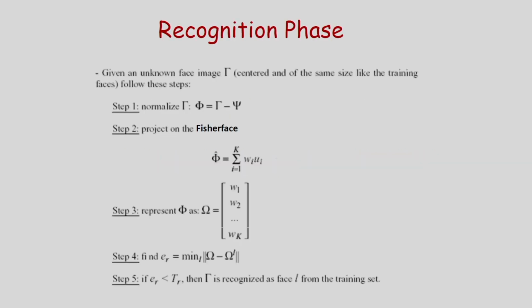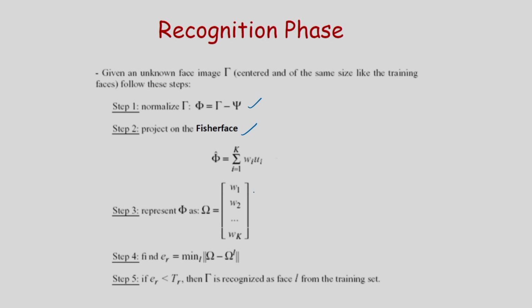So, the procedure for face recognition is very similar to the face recognition by PCA. First, I have to do the normalization of the input data. That means from the original face, the mean face is subtracted. After this, I have to determine the Fisher face weights.